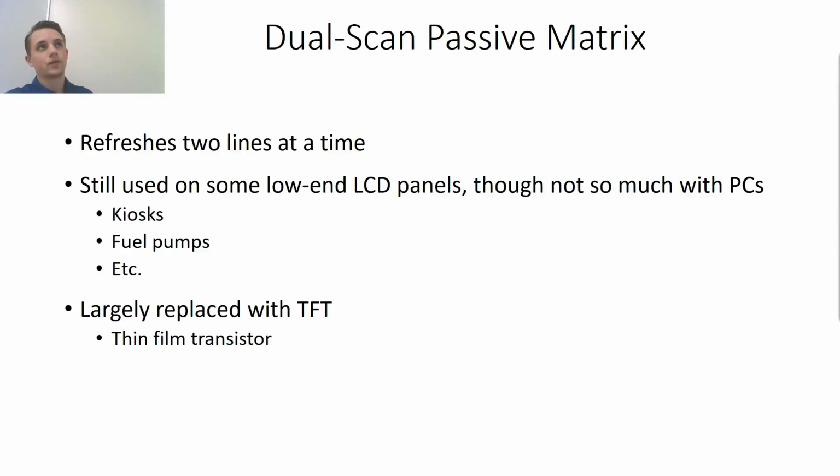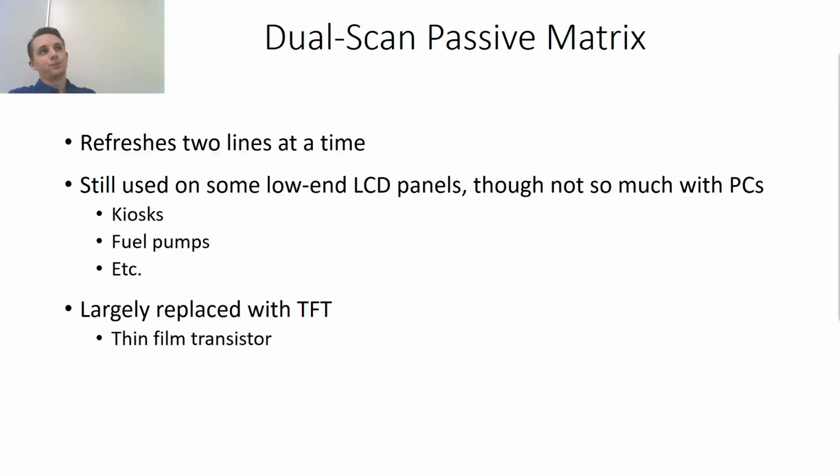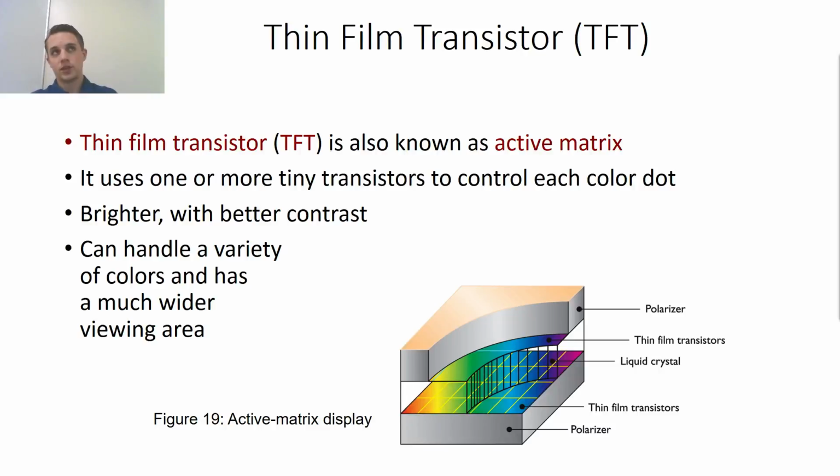Alright, so dual scan refreshes 2 lines at a time, which is much more efficient than the single. Passive matrix is used in lower end LCDs, but not so much with PCs, fuel pumps, kiosks, and they've been mostly replaced with TFTs, which are most commonly smaller displays.